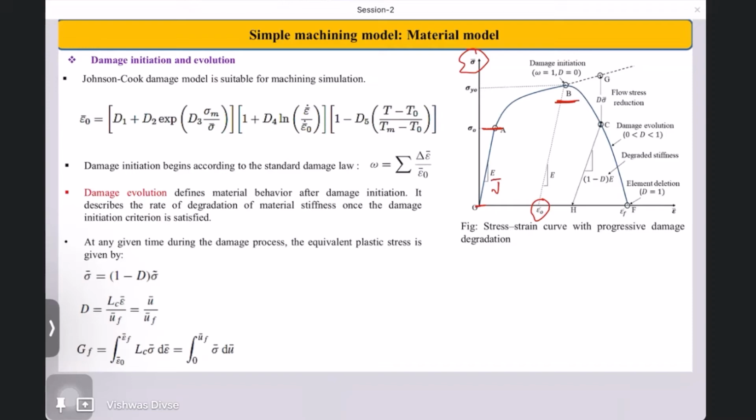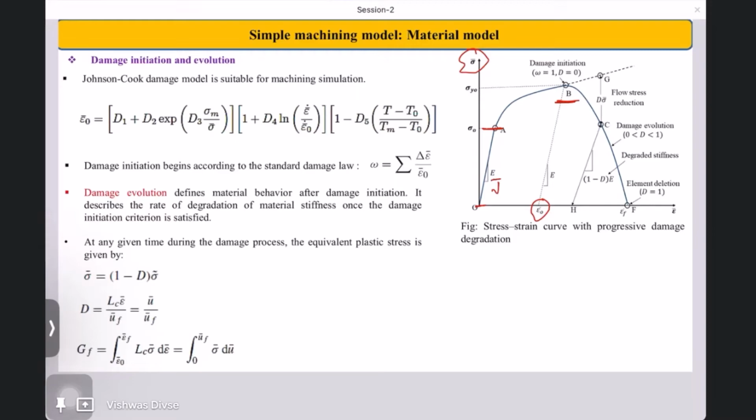It is a function of your state of stress, how complex the state of stress is. It is a function of the temperature and the strain rate, because machining involves all these harsh conditions. So again, Johnson-Cook also gave one damage model which will tell you at what strain damage will initiate in such a harsh condition.